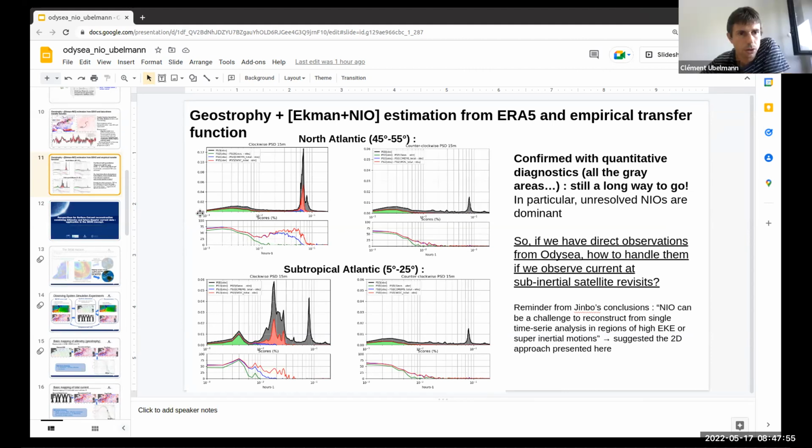It seems to drop. Yeah, but it's multiplying it by 0, basically. I think it would be worth calculating the total fraction of the variance that is not captured in the inertial band.